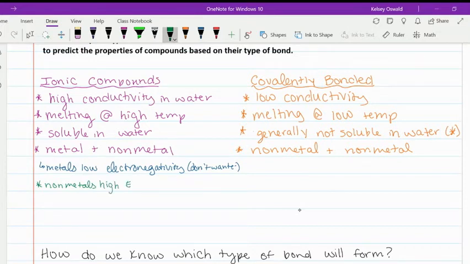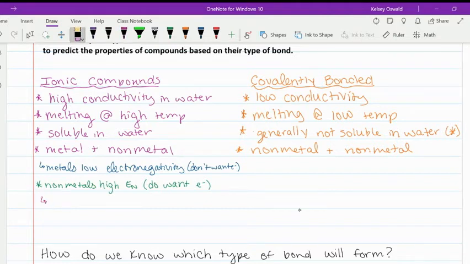We're just going to abbreviate electronegativity EN. So that means they do want to gain electrons. Since we have this imbalance of desire, our metal does not want that electron, but our nonmetal really does.